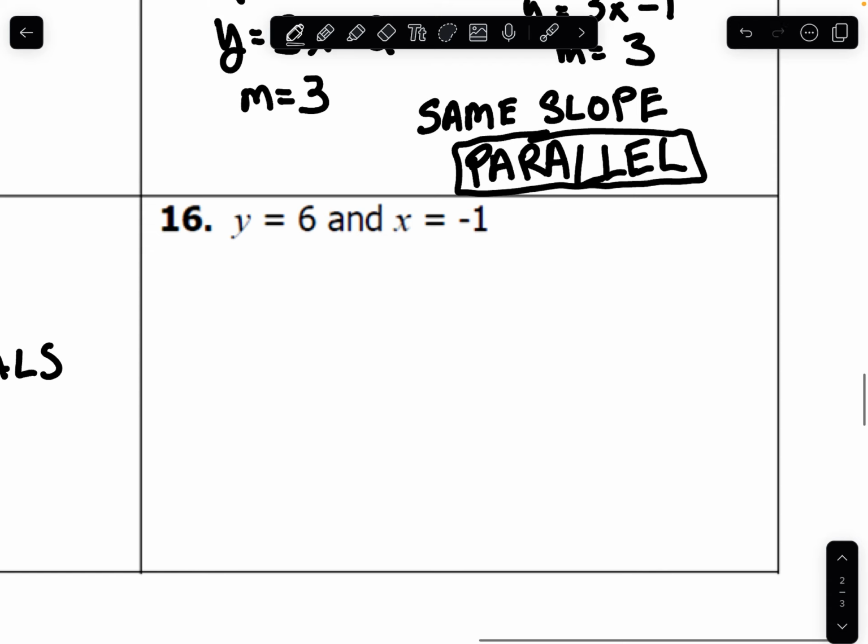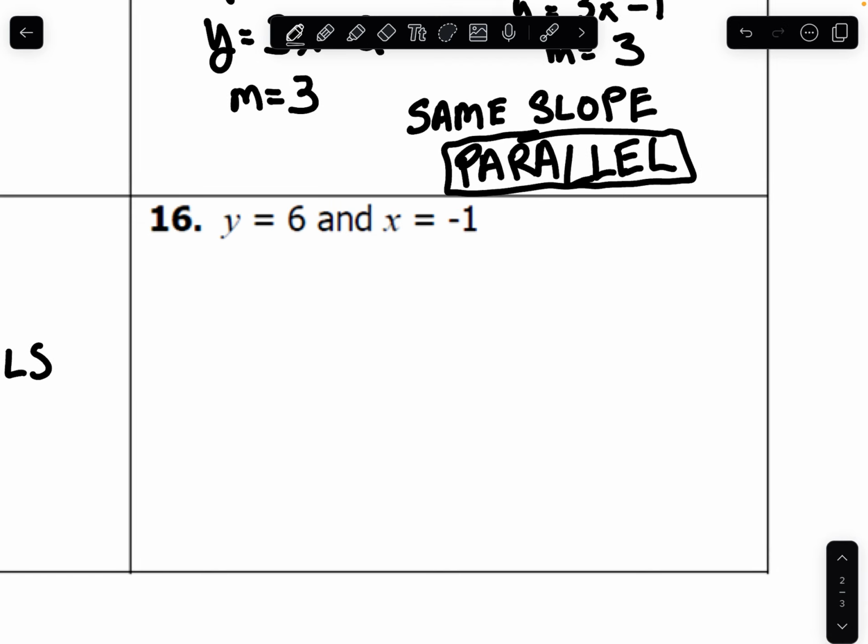Number 16, just throwing it back to 4.1 on how to do parallel and perpendicular lines. Here, we're throwing it back to 4.1 in terms of Hoy and Vux. So this is a Hoy, and this is a Vux.